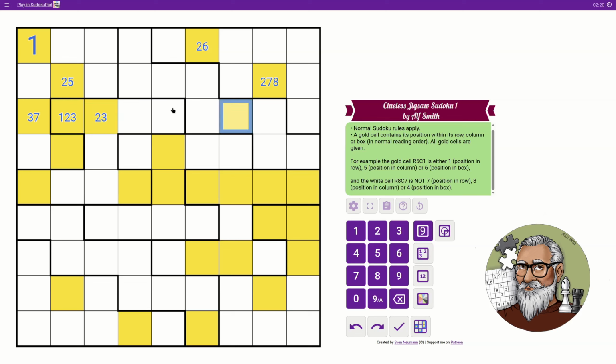Right. What about this one? 7 from the row, 3 from the column, and in the region 1, 2, 3, 4, 5, 6. Right. So 2 from the row, 4 from the column, and in the region it's a difficult one. What's the last one? So it has to be 9. It's not that difficult.